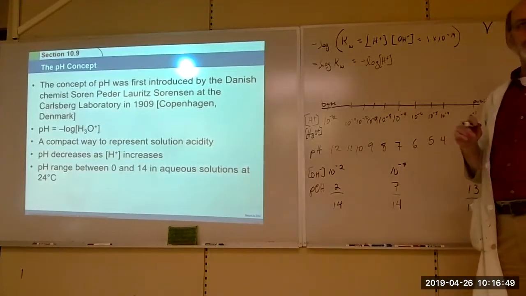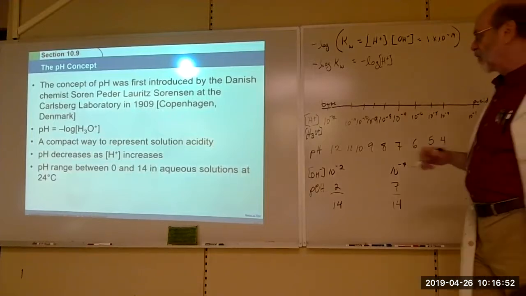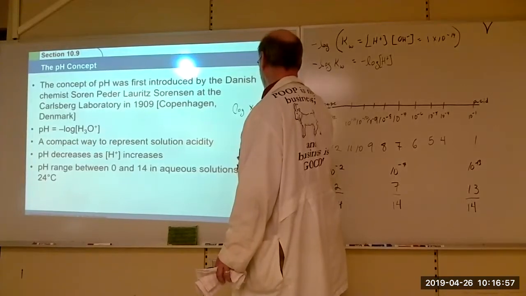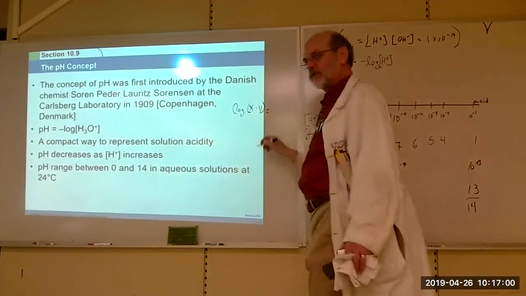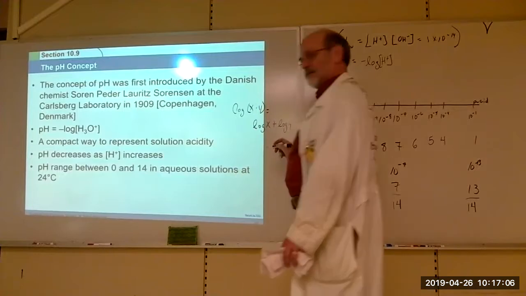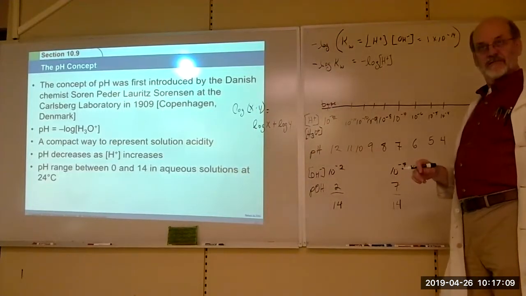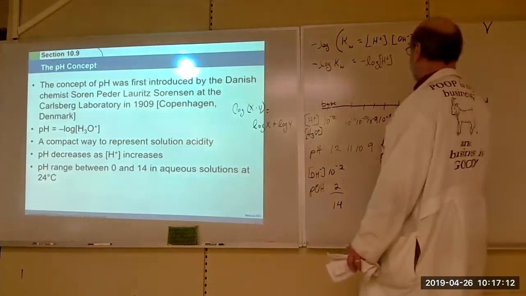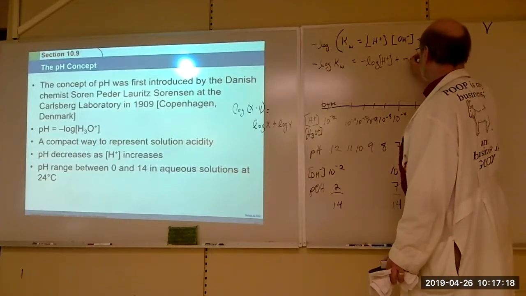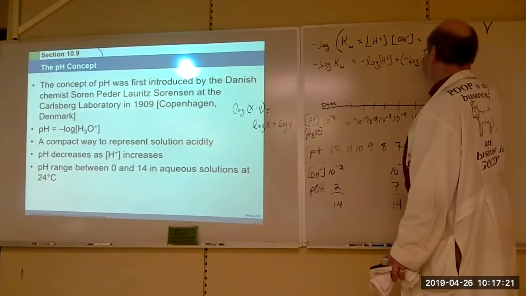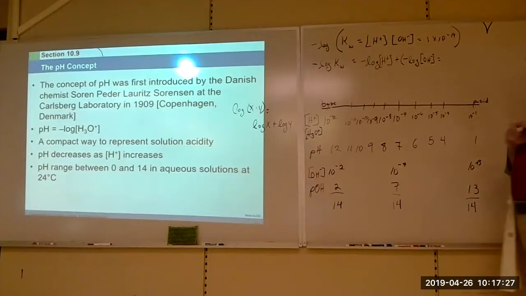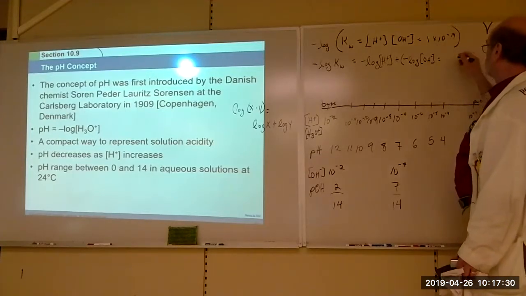And what happens to products when you take the log of them? In other words, if we say log of x times y, what's that equal to? That's log of x plus the log of y. That's the definition of logs. So in that case, the negative log of this one is plus the negative log of that. Okay? And then the negative log of this one is what?